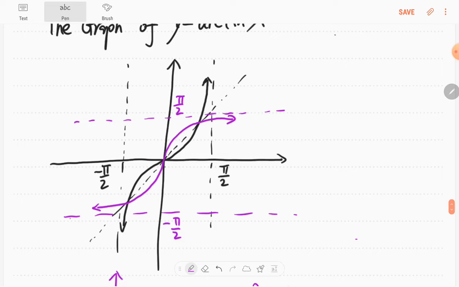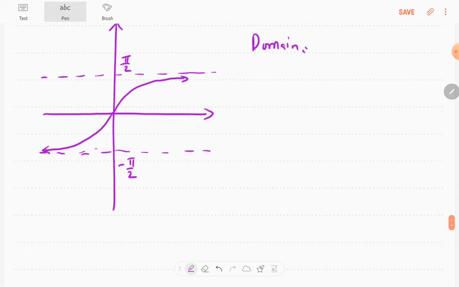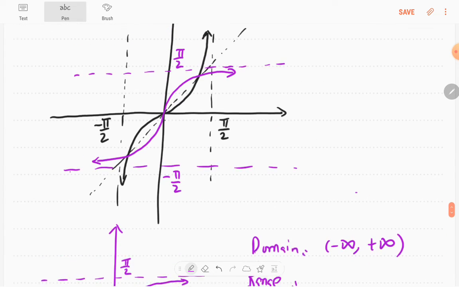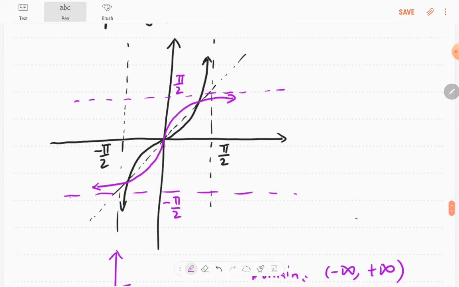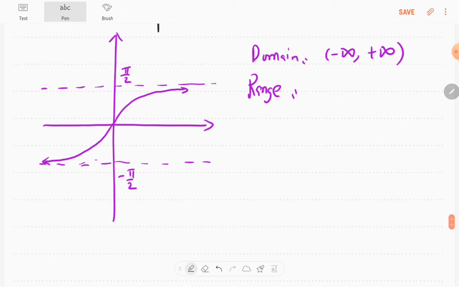Tangent range is from negative infinity to infinity. So from the graph, it's also from negative infinity to infinity. And the range is the domain we restricted for the tangent, so the range of the arctangent is negative pi over 2 to pi over 2. These two numbers cannot be included because they are the horizontal asymptotes.